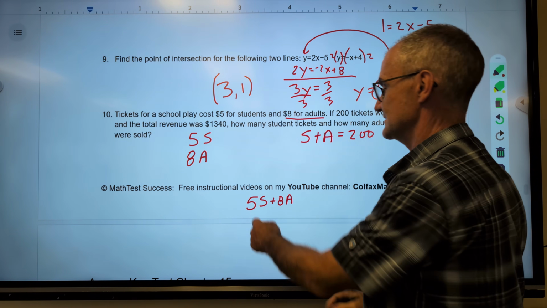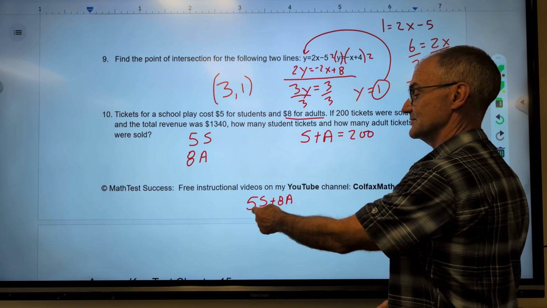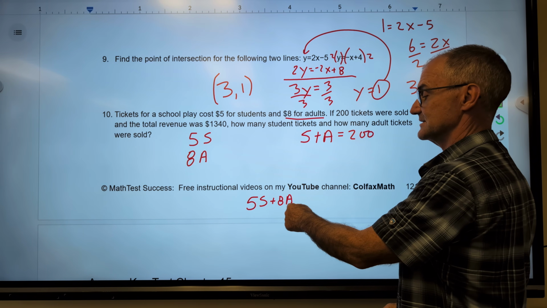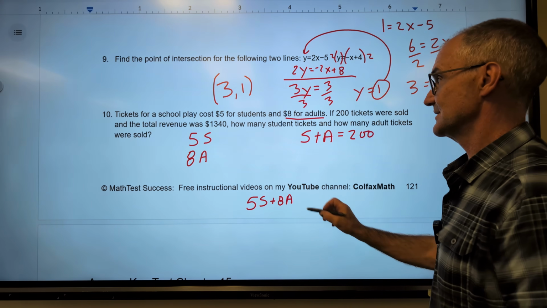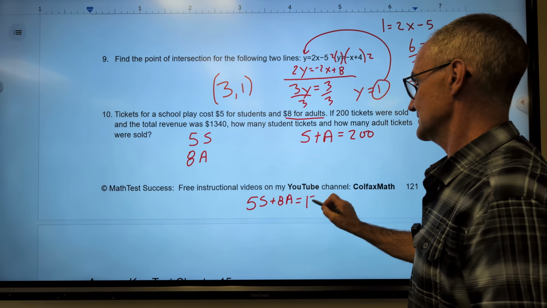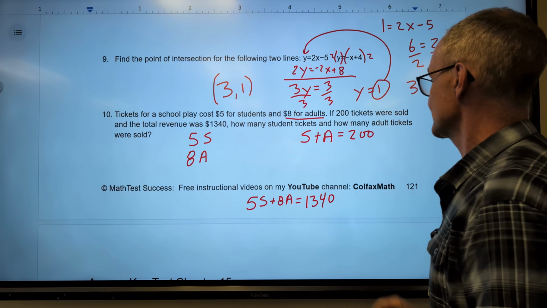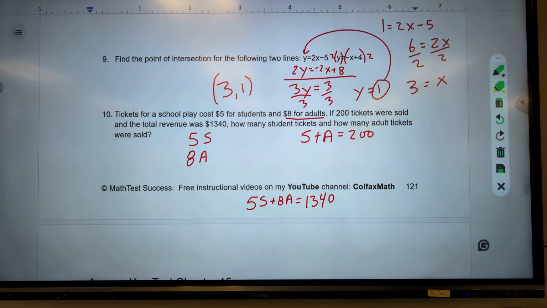The number of student tickets times the price plus the number of adult tickets times the price is equal to 1340. How many adult tickets were sold?